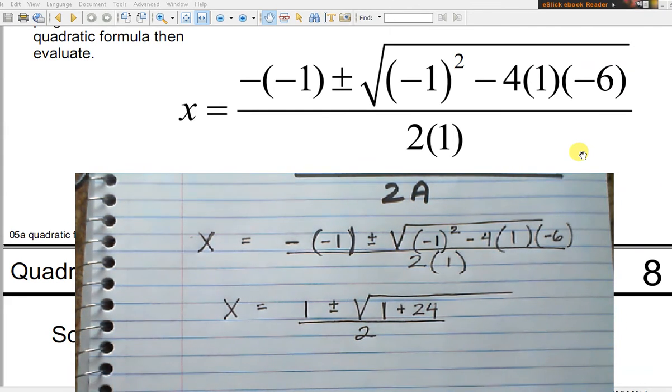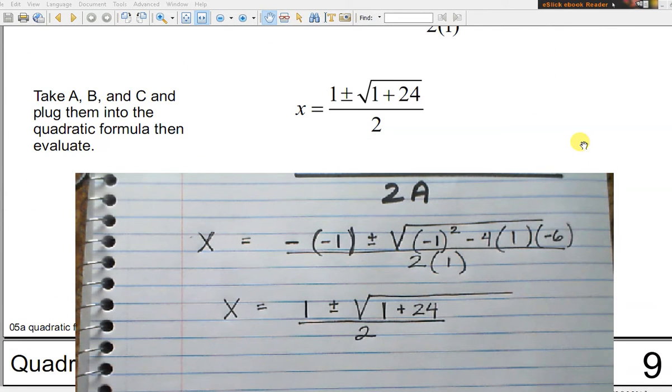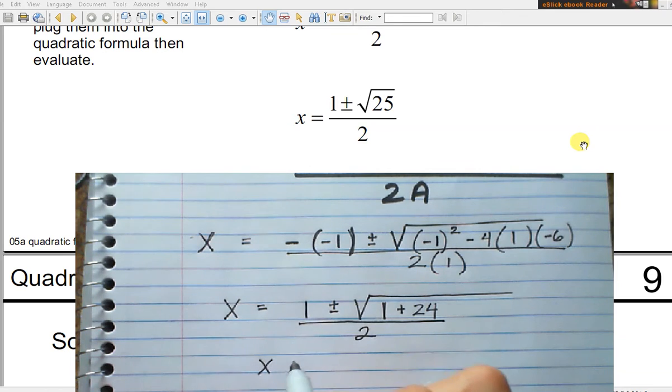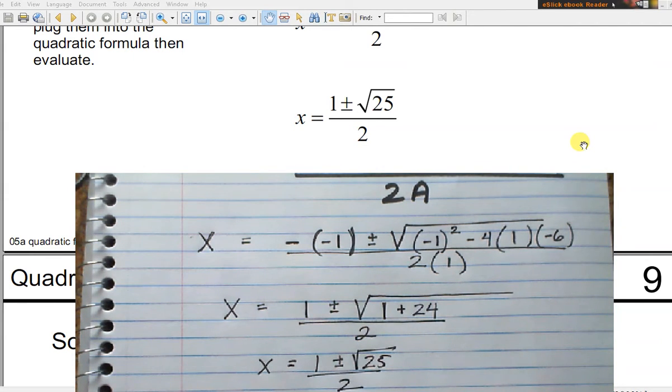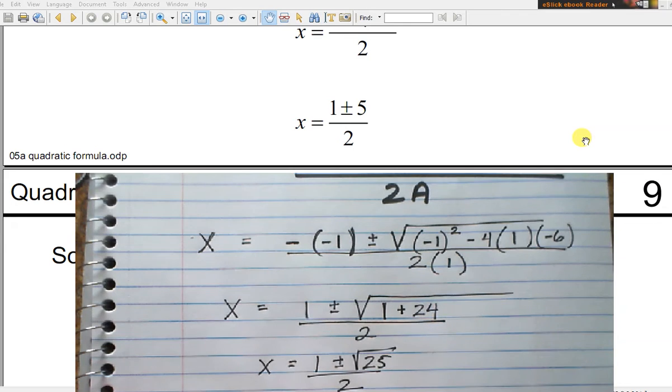So slowly simplifying this thing down, we can simplify it even more. We're going to simplify it to x equals 1 plus or minus the square root of 25 over 2. We're getting close. We're going to simplify it even more to x equals 1 plus or minus 5 over 2.